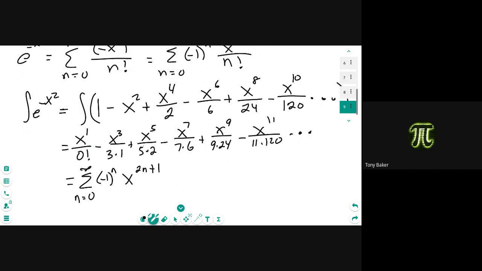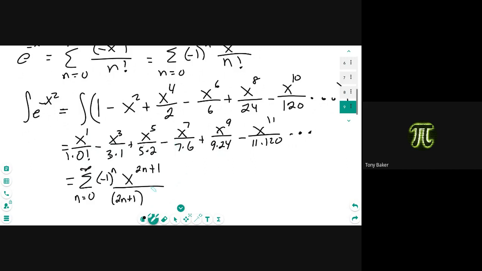Now, how am I going to get the bottom? So I've got whatever the n is, right? On the bottom, 2n plus 1, because that'll give me the 1, 3, 5, 7, 9, 11, the same thing as the exponent. And my n factorial is 0 factorial, 1 factorial, 2 factorial, 3 factorial, right?